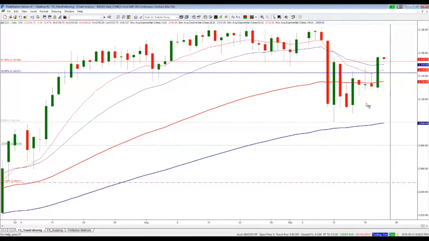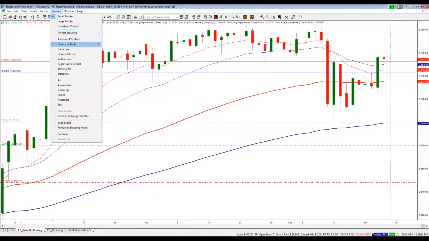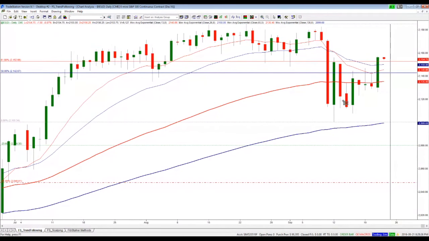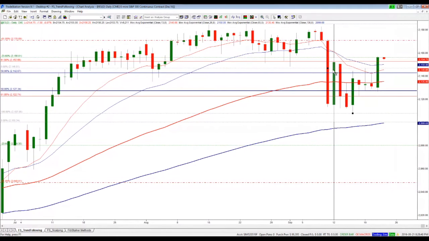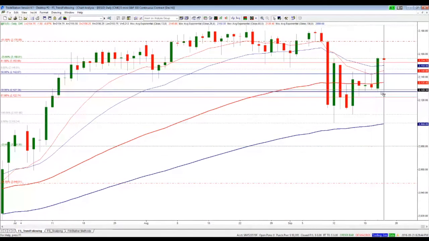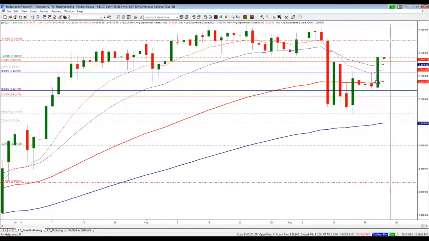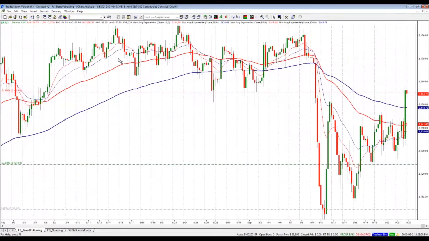And for longs, there was a supporting argument for longs as well, because there was a 50% retrace here on the smaller time frame, that, as you can see, actually held today when these lows were tested. And that could have been another possibility if you believed that longs were in control.